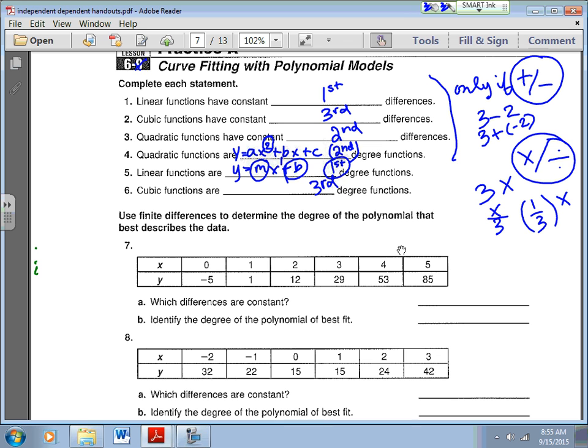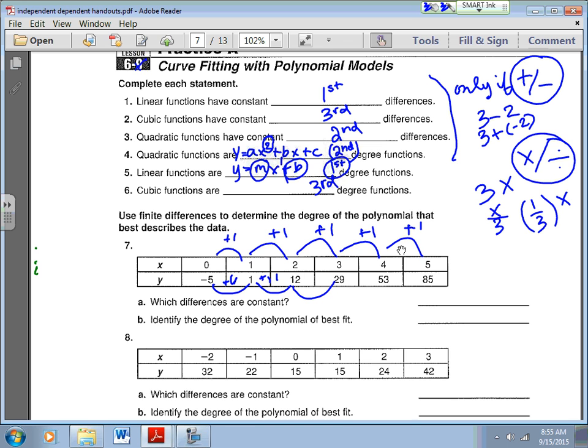All right, which differences are constant? So from here to here, it's a plus 1, plus 1, plus 1, plus 1, plus 1. Everybody okay right there? From -5 to 1 was how much? 6. And then is this another 6? No, how much is that? 11, okay.